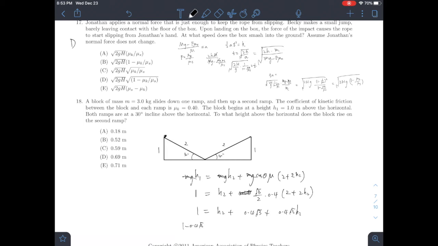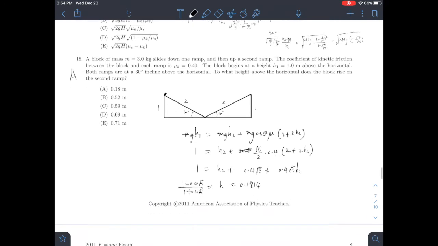Then we factor out h2 together. We have 1 minus 0.4 square root of 3 over 1 plus 0.4 times square root of 3 equal to h. Then what is h? Let's plug it into the calculator. h should be equal to 0.1814, which is 0.18 meters.